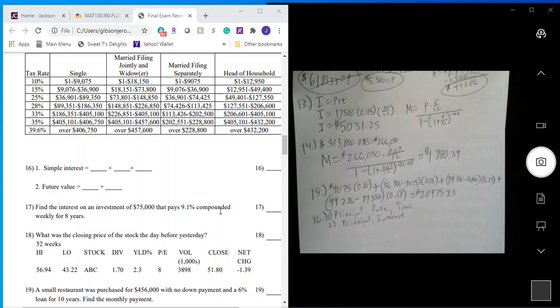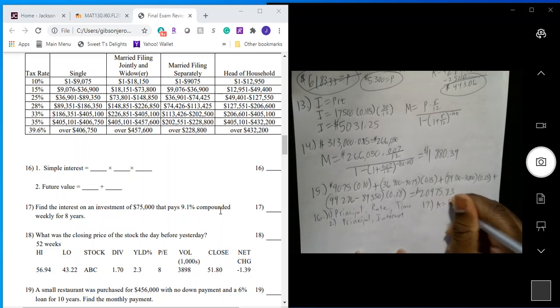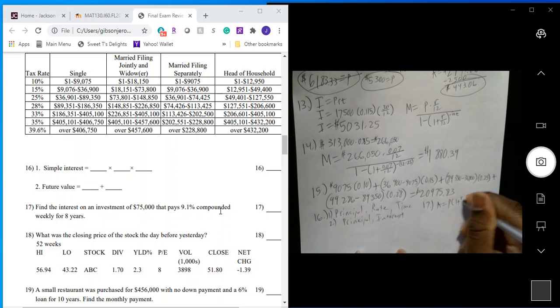Okay, now 17, it says find the interest on an investment of $75,000 that pays 9.1% compounded weekly for 8 years. Okay, so we need that compound interest formula, which is A is equal to P times 1 plus R over N to the NT.